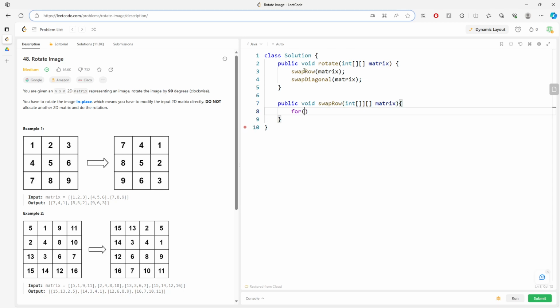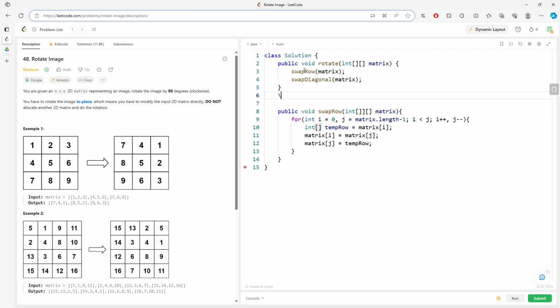I can say for loop, for i equals 0, and j equal to last value minus 1, i less than j, i plus plus, j minus minus. And I will say temp row equal to matrix i, matrix i equal to matrix j, matrix j equal to temp row.